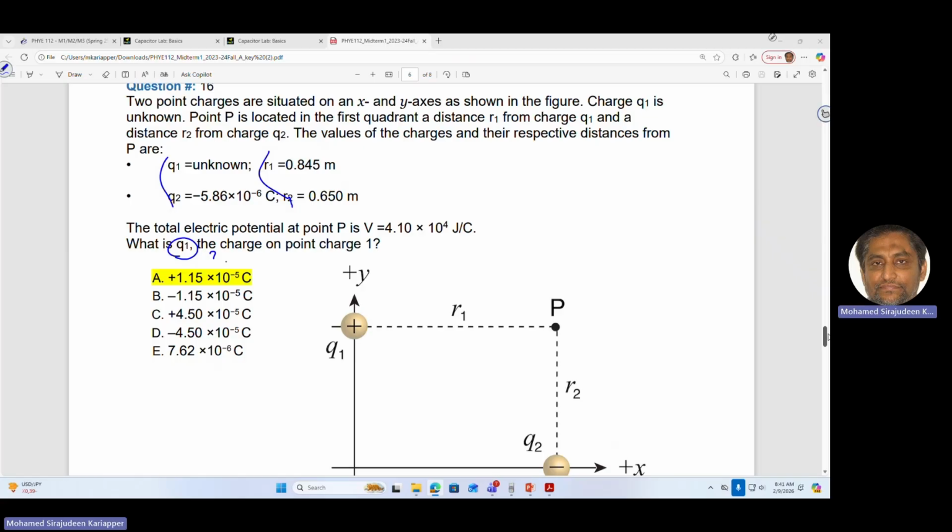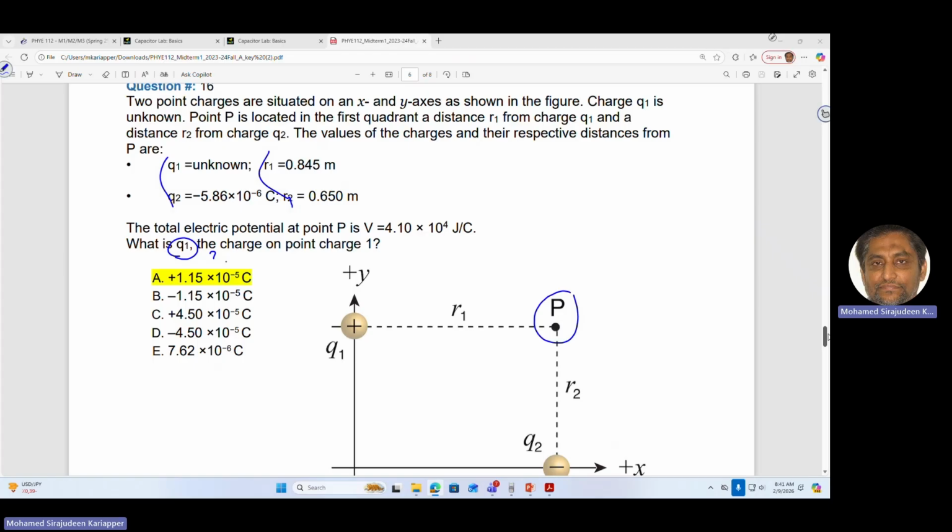How do we find it? There's a little twist. Usually we'd be asking, what is the potential at P? That's a direct question.